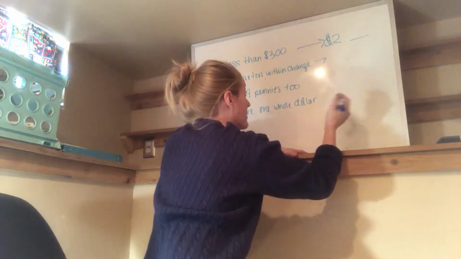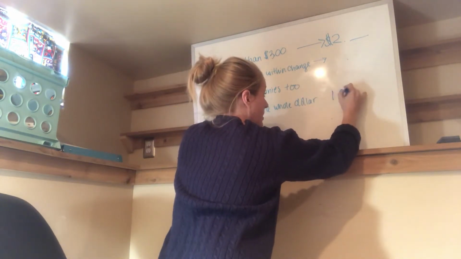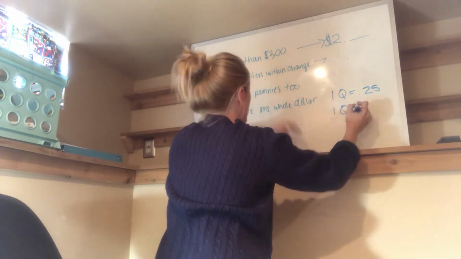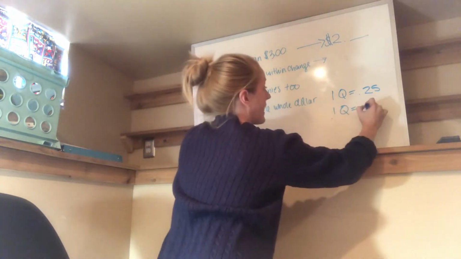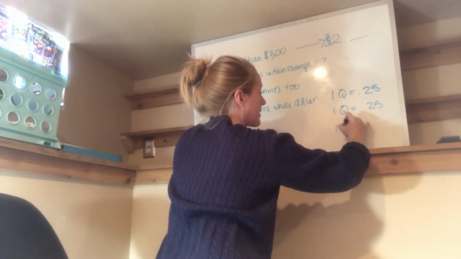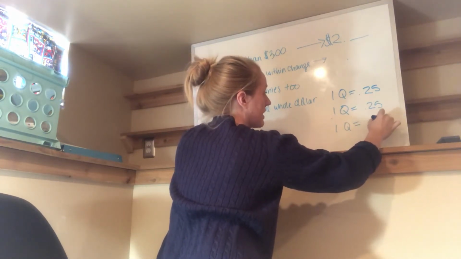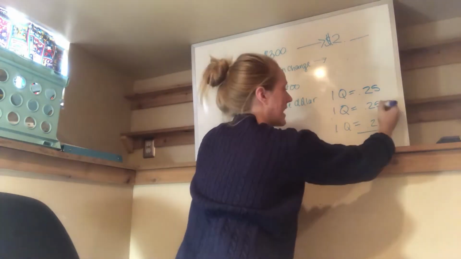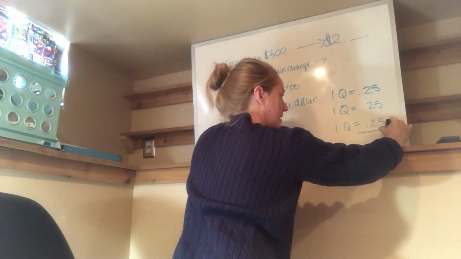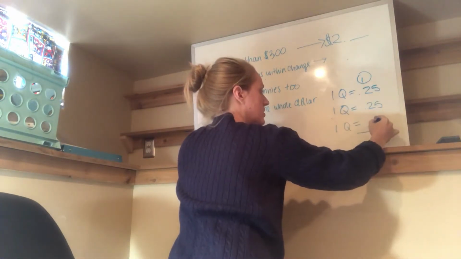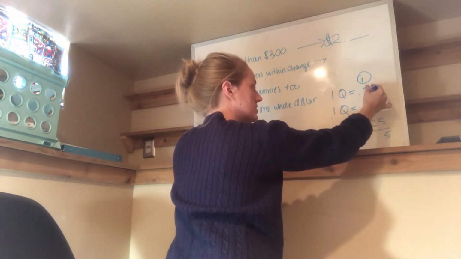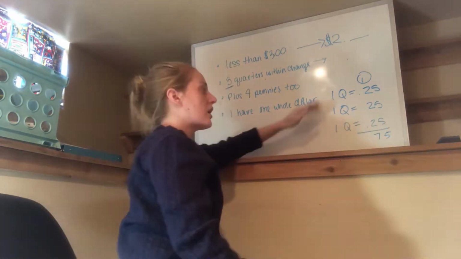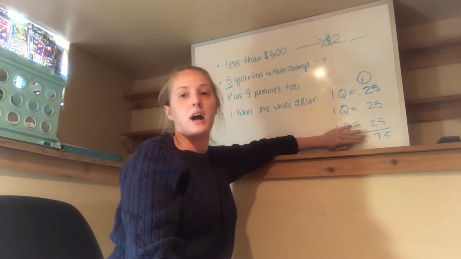So if 1/4 equals 25 cents, plus 1 other quarter, because we have a total of 3, is another 25 cents, and another quarter equals 25 cents. Let's do this together. 5 plus 5 is 10 plus 5 is 15. Carry that 1. 2 plus 2 is 4, plus 2 is 6, plus our carried over 1 is going to be 7. So we know that 3/4 equals 75 cents.